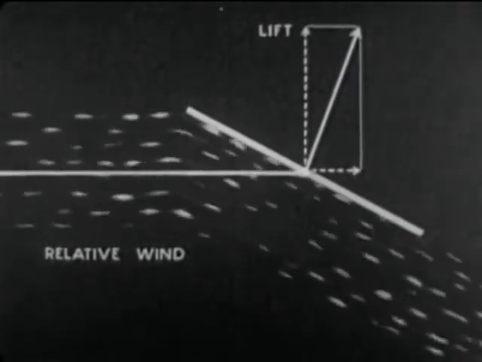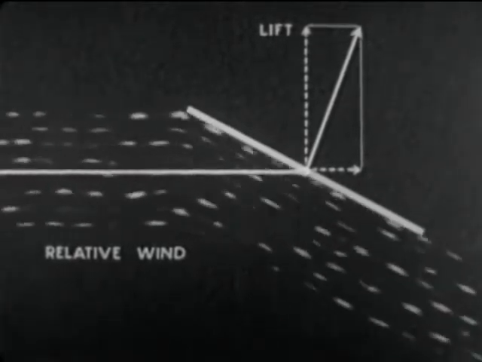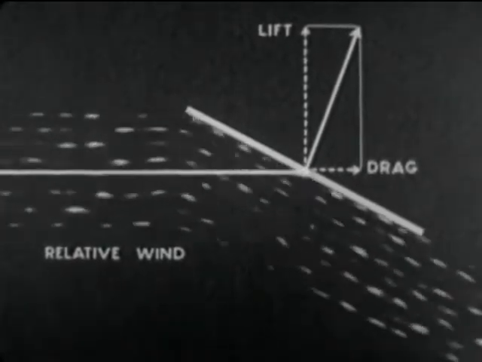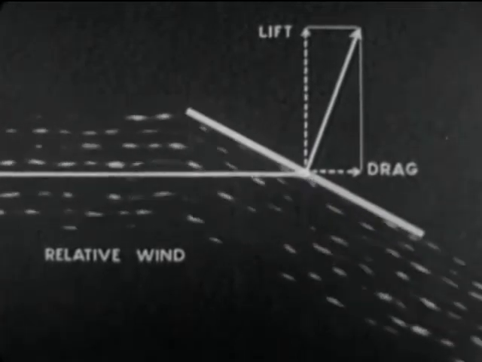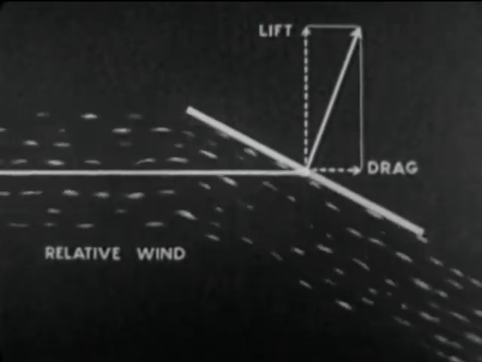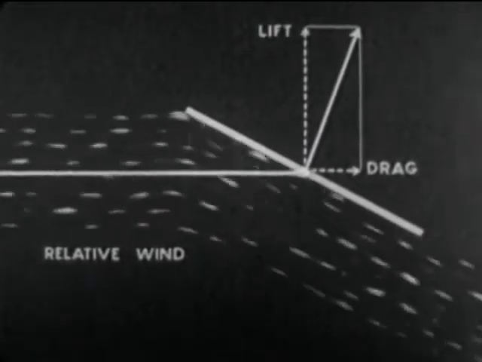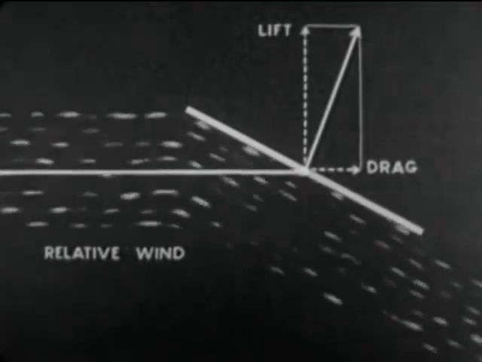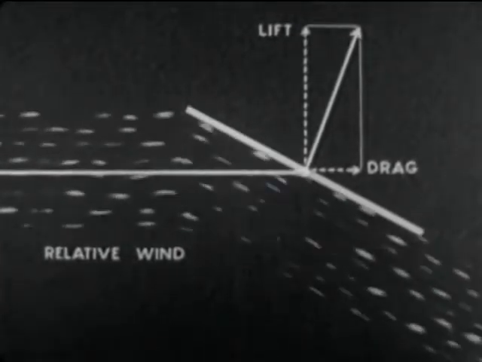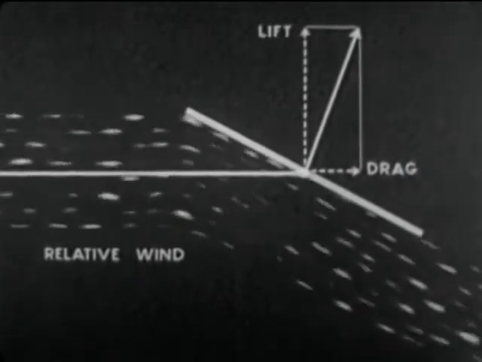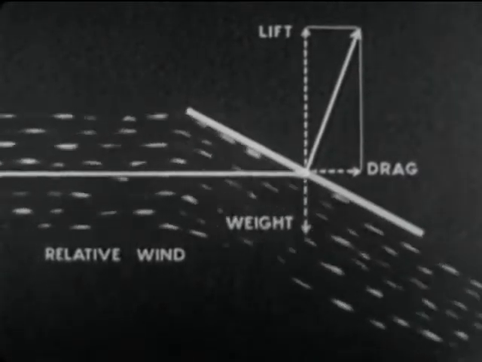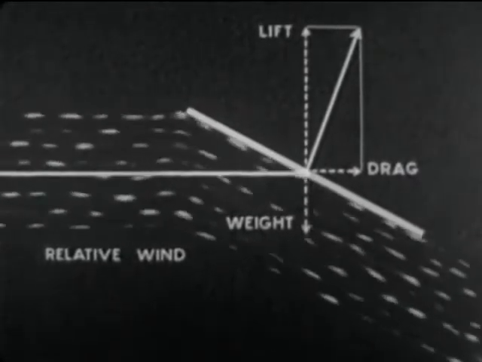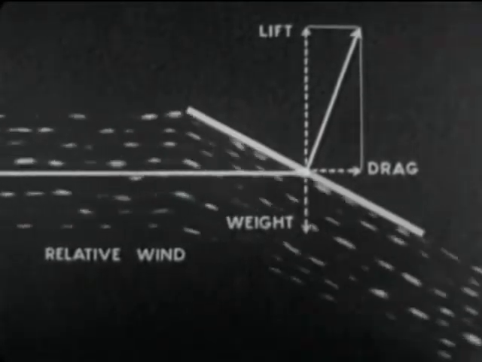Lift acts at right angles to the relative wind, and drag acts parallel to the relative wind. If the plate is held in a horizontal airstream in this manner, lift is opposed by the weight of the plate, and drag is opposed by the tension on the cord.